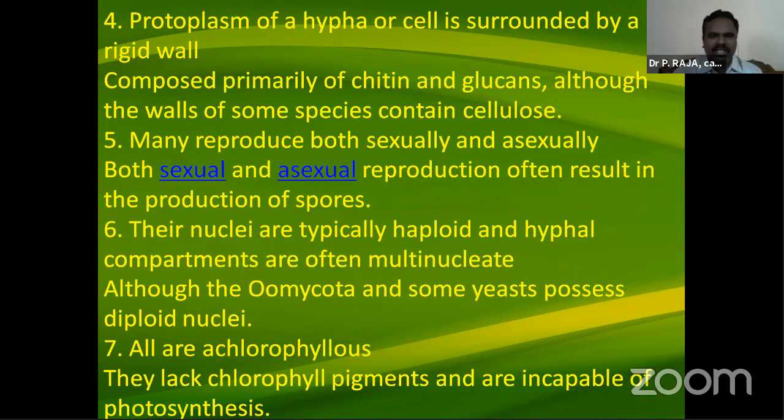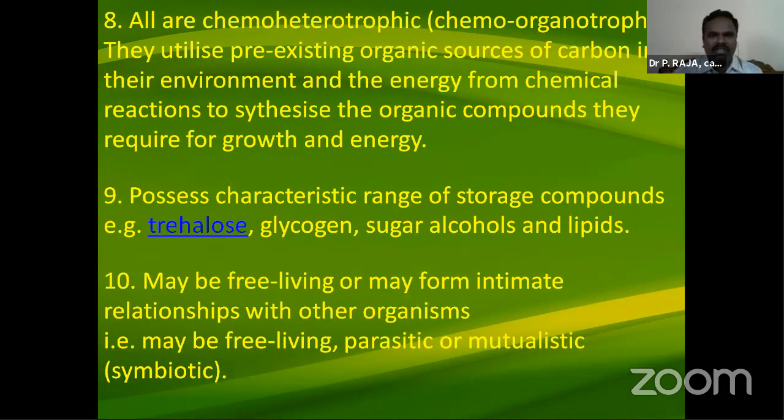Most of them utilize pre-existing organic sources of carbon and the energy from chemical reactions to synthesize organic compounds. So many of them are chemo-organotrophic, and they possess a wide range of storage compounds: trehalose, glycogen, sugar alcohols, and lipids.